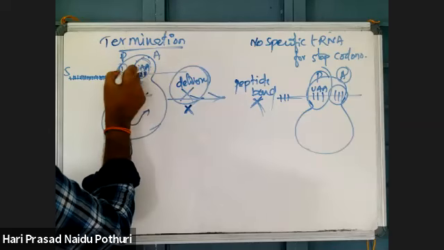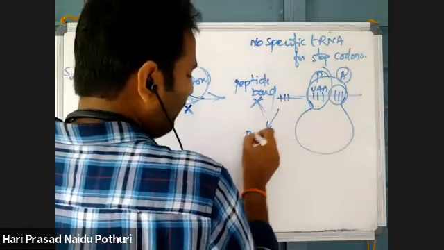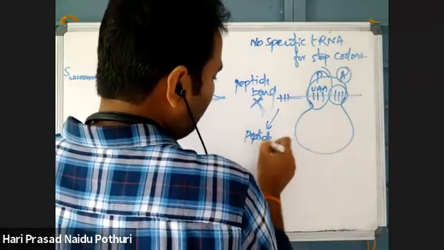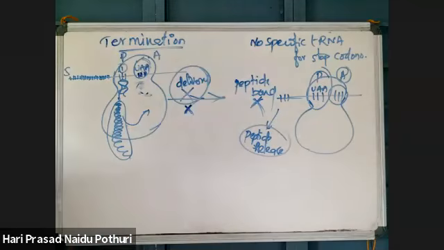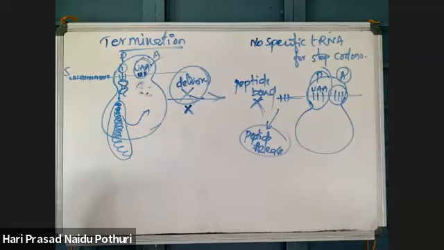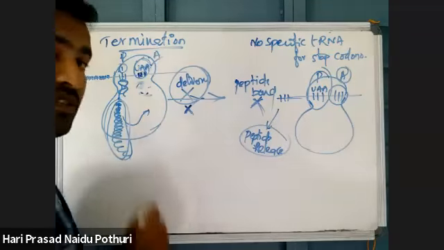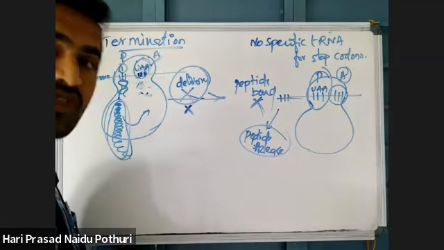So when UAA came here, the peptide will release out from the ribosome. Peptide releases from the ribosome when it reaches the stop codon. So the peptide is released, which means protein synthesis is stopped.